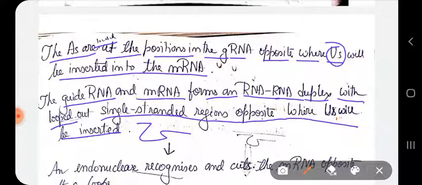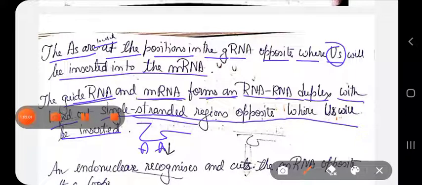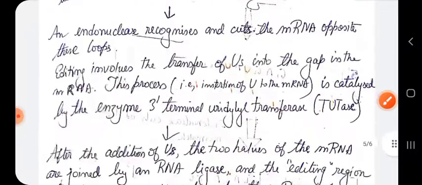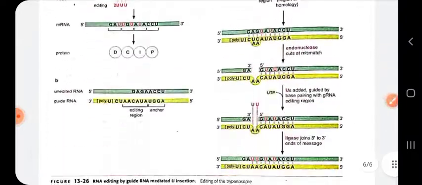They form a loop-like structure where adenine is present in the guide RNA. So the guide RNA and the mRNA are base pairing with one another. That's good. They form an RNA-RNA duplex, which will loop out single-stranded regions opposite where U has to be inserted. So there is looping formation if you see it carefully.